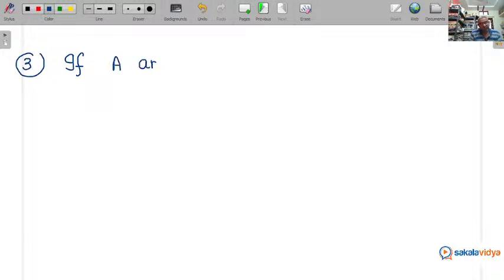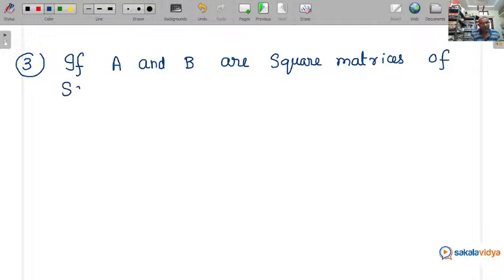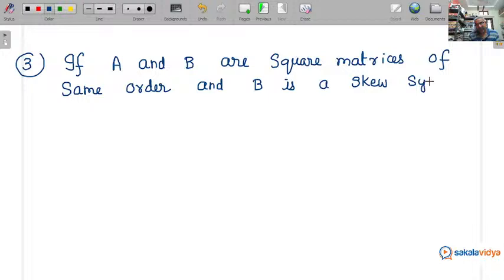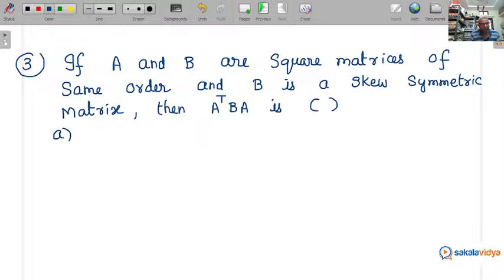If A and B are square matrices of same order, and B is a skew symmetric matrix, then A transpose B A is: option A, null matrix.